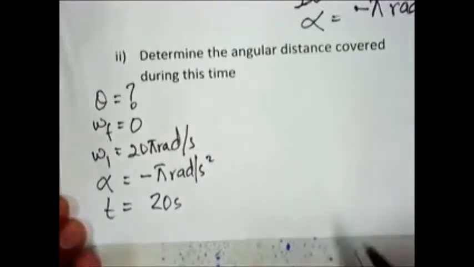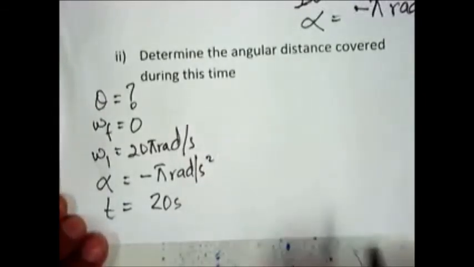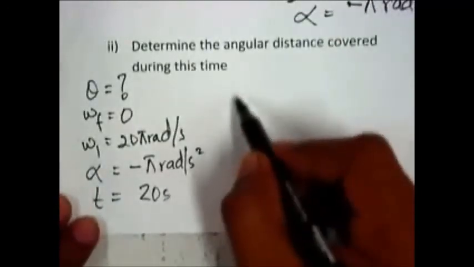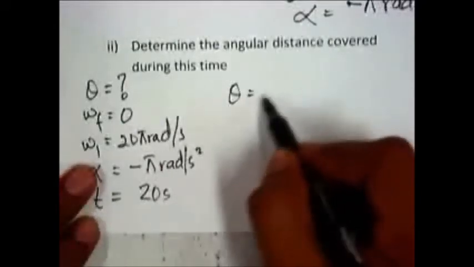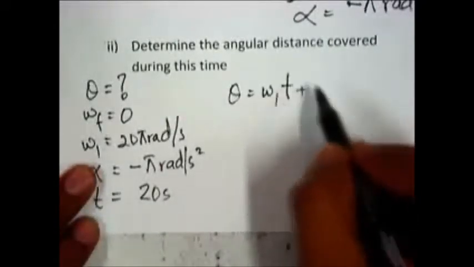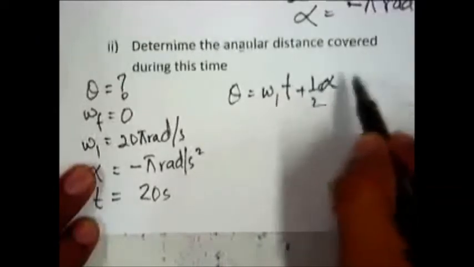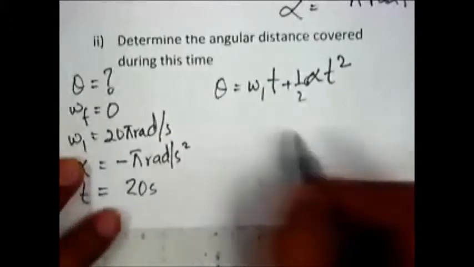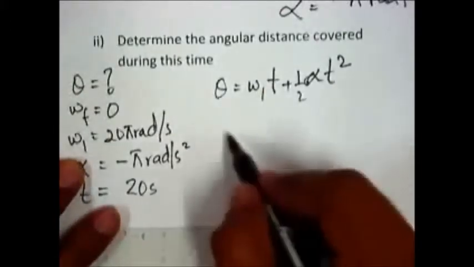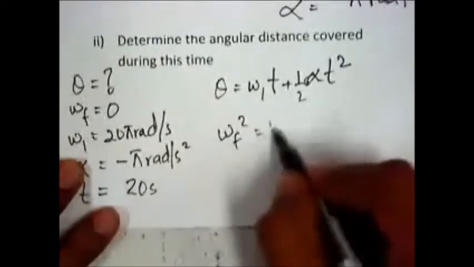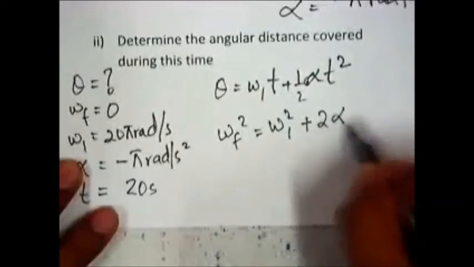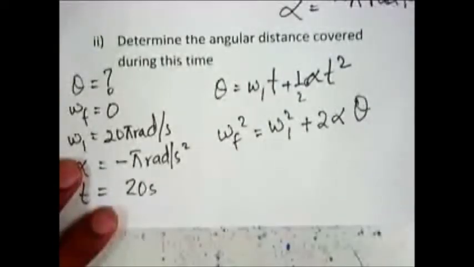For this one you can use either of the other two formulas in your 3 equations of motion. You can either use theta is equal to omega i t plus half alpha t squared, or you can use omega f squared is equal to omega i squared plus 2 alpha theta, and you find your theta, angular displacement.